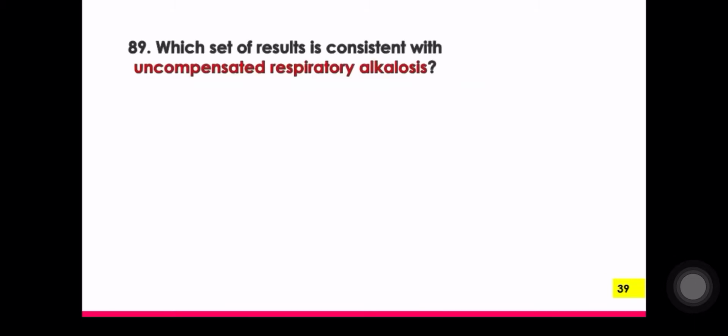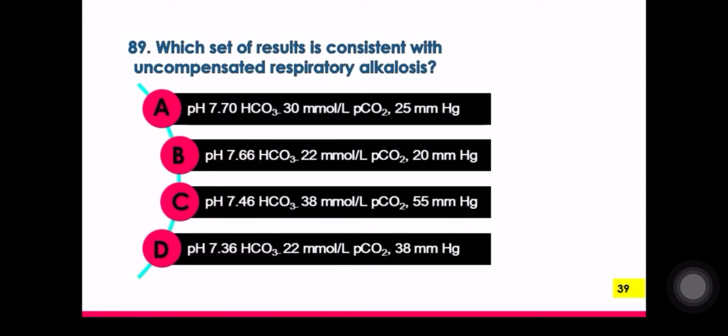Next, number 89 naman. Which set of results is consistent with uncompensated respiratory alkalosis? Choices, is it letter A, pH of 7.70, bicarbonate of 30, PCO2 25.